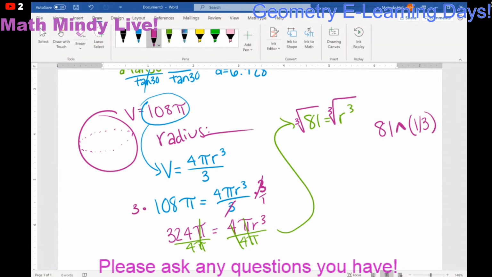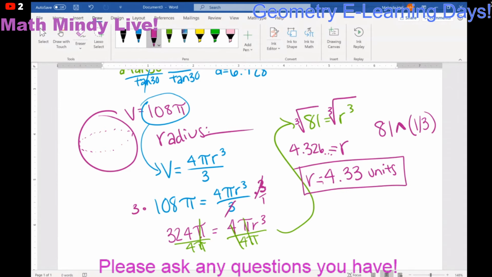But then the cube root of 81 ends up being about 4.326. So if I said nearest hundredth, that would be 4.33. And I didn't say what the units were, so we'll just say units for that radius. Okay, so you really just have to be able to rearrange stuff in the formulas themselves.